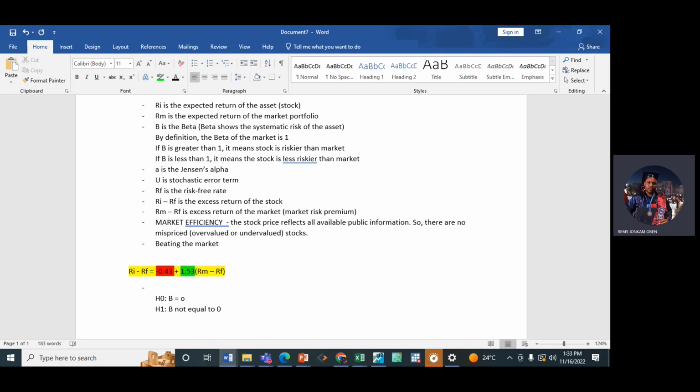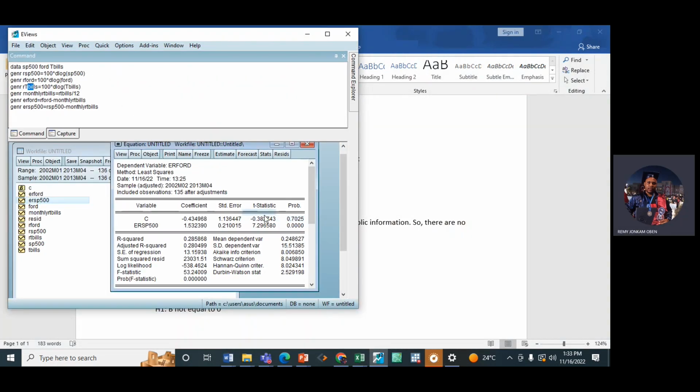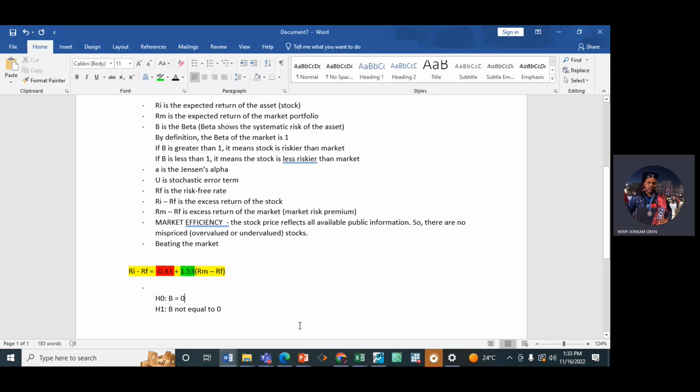So this is the normal null and alternative hypothesis that we know, and this T statistic and these probability values are testing this null hypothesis.